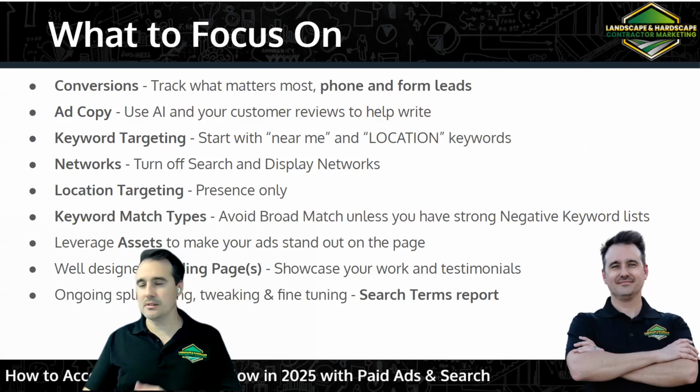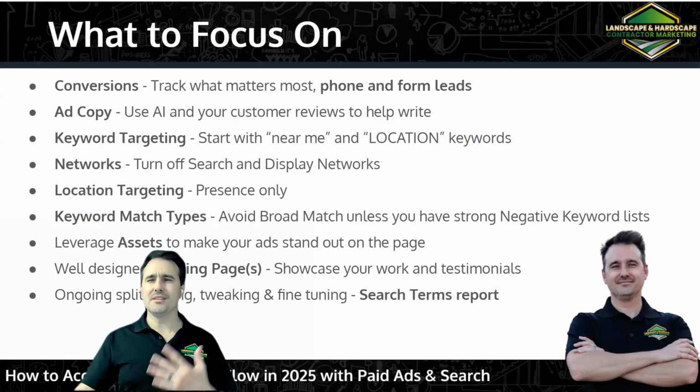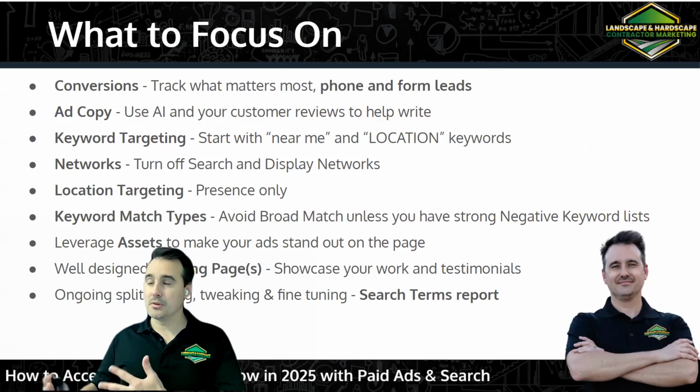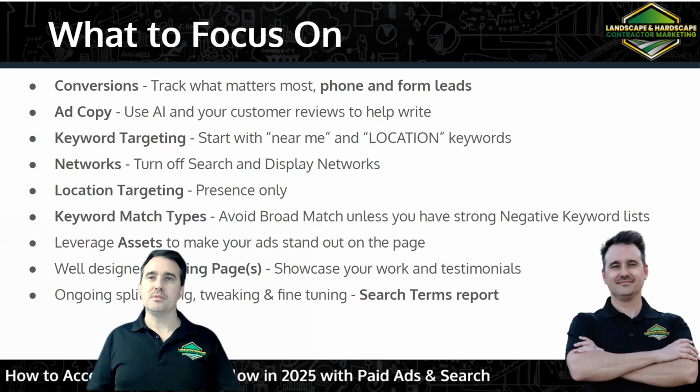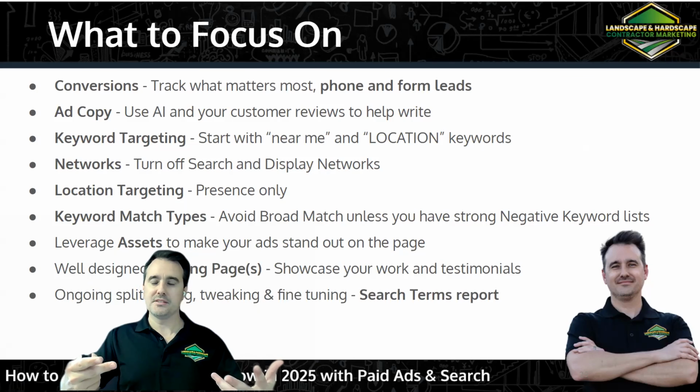Now, ongoing work, optimizing these campaigns, you want to make sure that you're testing things, you're checking your metrics here as well. But under the search terms report section, you can see which keyword searches, not all, Google doesn't show you all, but you can see which keywords people are typing in to show up your ads in front of them as well.